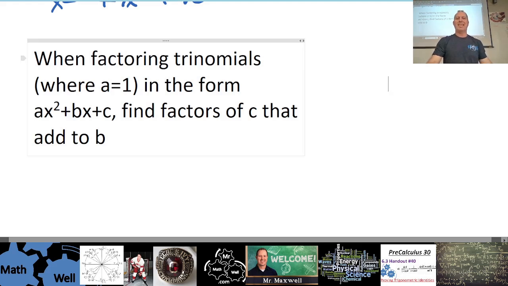Okay? So again, where a is 1, if we have a number like 2 or 3 or 10 or negative 5, that's a different story, and we're going to get to that. But in the easy ones that we're focusing on today, where this is 1, all you need to do is find the factors of c that add up to b. And those will be the missing numbers in your two binomials.